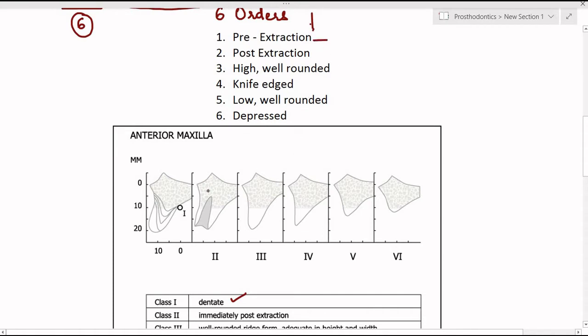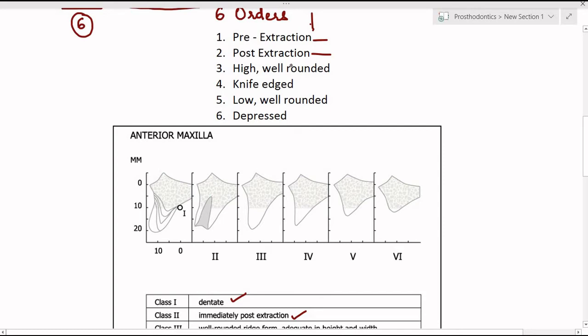Next we come on to the order 2. This is post-extraction. Here you can see this is the space left after extraction. This is immediately post-extraction, the second order. This is how it looks.